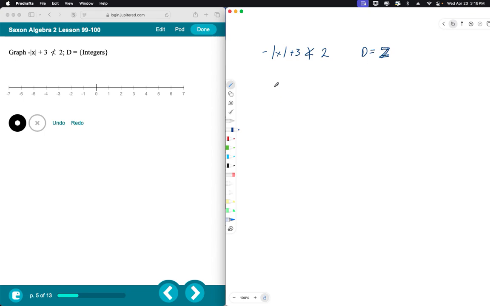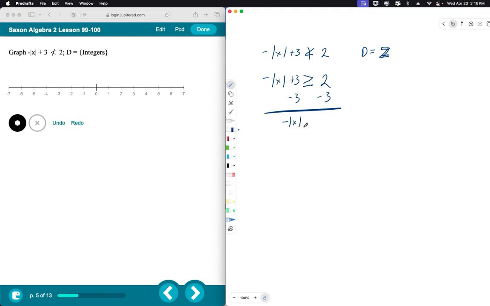So again, don't write it for what it's not, write it for what it is. So it's going to be negative absolute value of x plus 3. And if it's not less than, then it is greater than or equal to. Those are the other symbols. We combine them together.